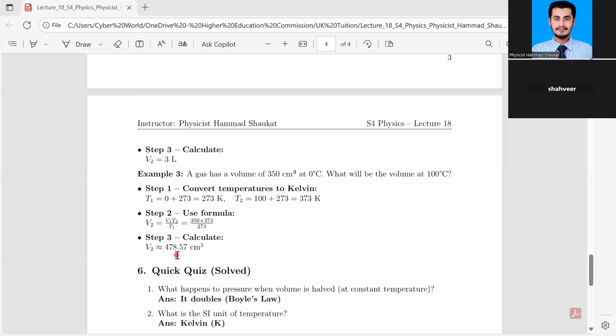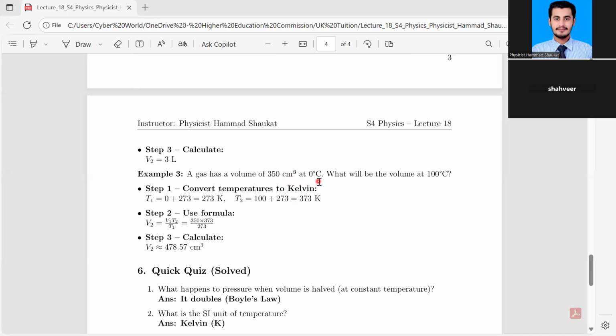Now let's move to the last problem. A gas has a volume of 350 centimeter cube at 0 degrees Celsius. What will be the volume at 100 degrees Celsius? So again, the initial volume is given, which is 350 centimeter cube. So the value of V1 is 350 centimeter cube at 0 degrees Celsius.